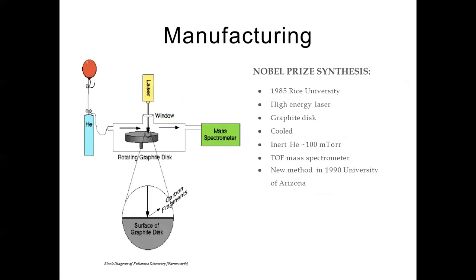They use an inert environment pumped down to 100 millitorr, and they did a laser ablation of a rotating graphite disc, and they were able to form these carbon derivatives, collect them, and filter them on the surface. The size and constituents of this particular process are controlled by the laser energy, the angle of the laser on the surface, and the rotation speed of the graphite disc.